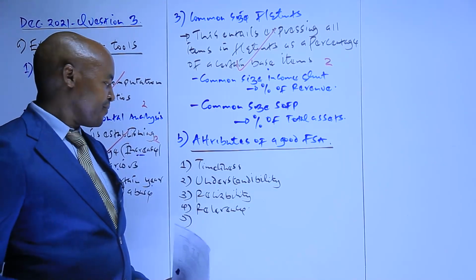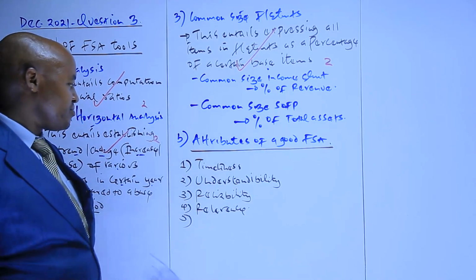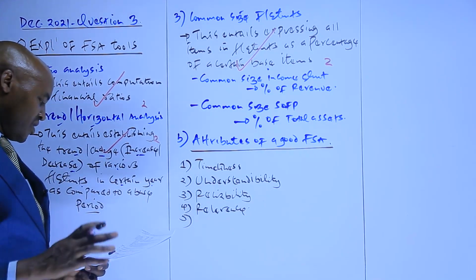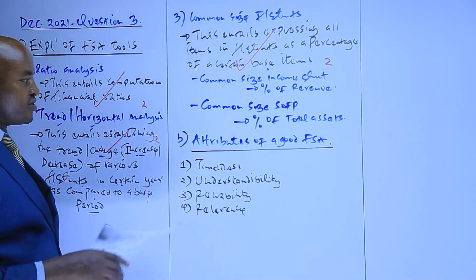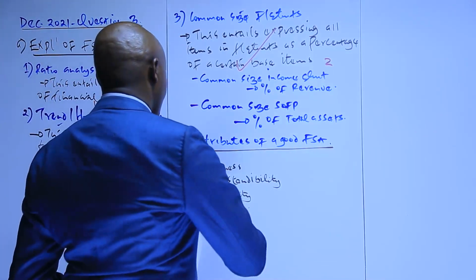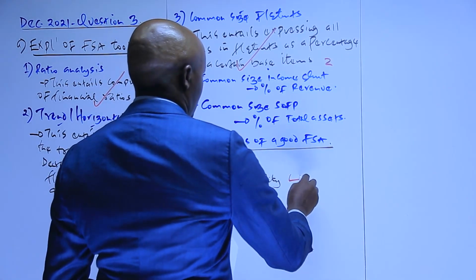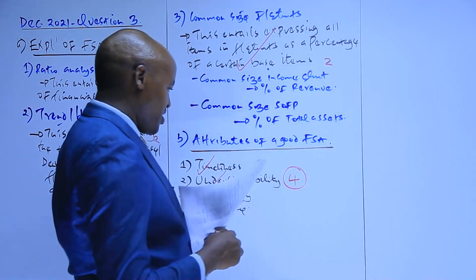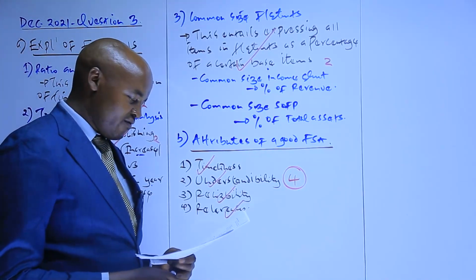Must influence the decision which will be made by who? By the users, and so on. So I think the examiner there was just requiring 4. We can just talk of those 4 attributes, and equally the marks which were located there were for explaining those 4 attributes, to get a total of 4 marks.